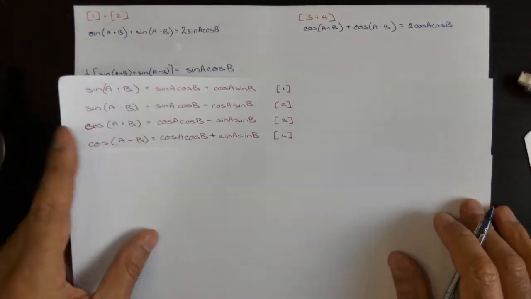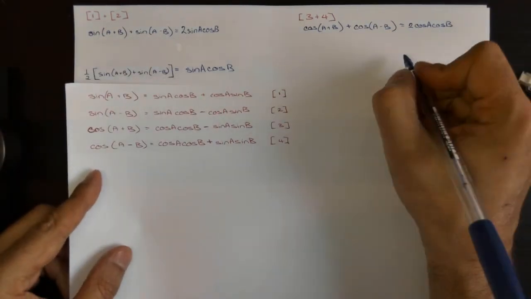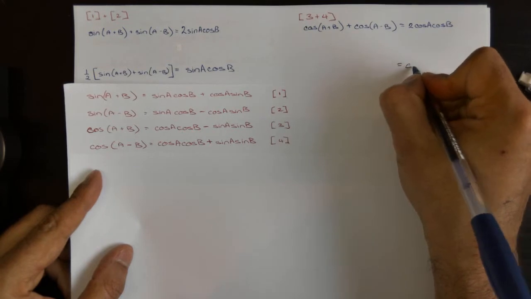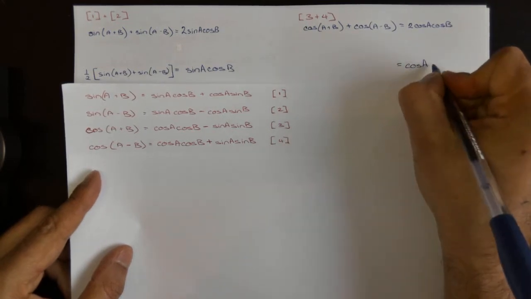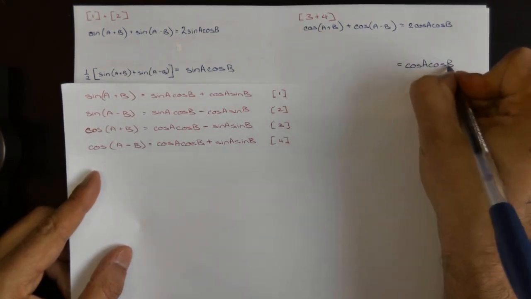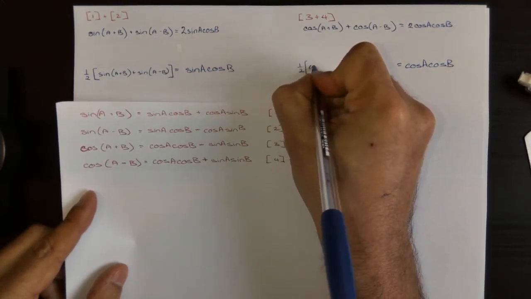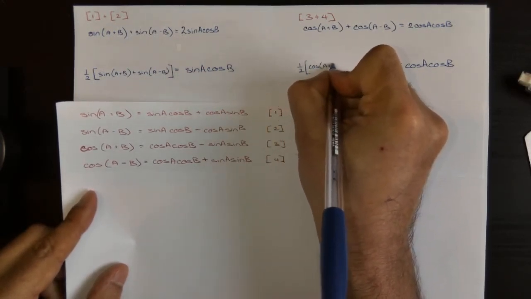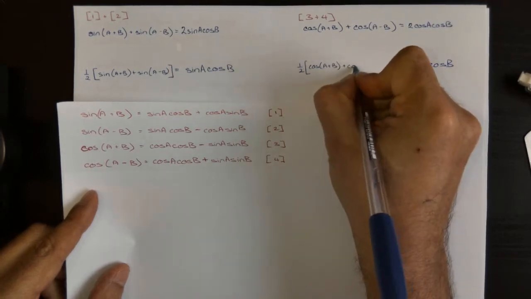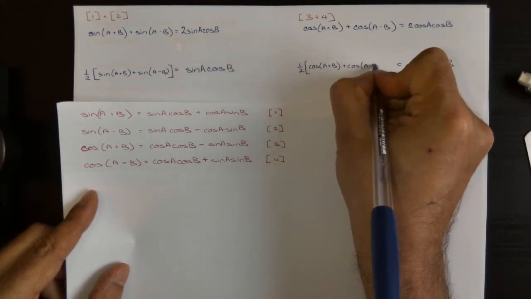Now if I divide by 2, I get the product of cos A and cos B, which is a half of cos A plus B plus cos A minus B.